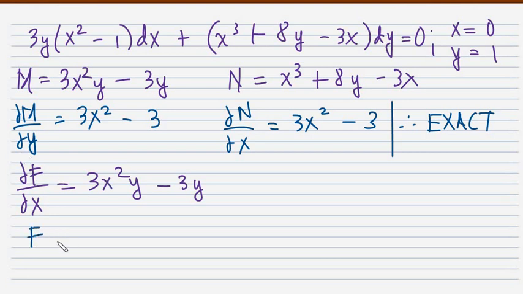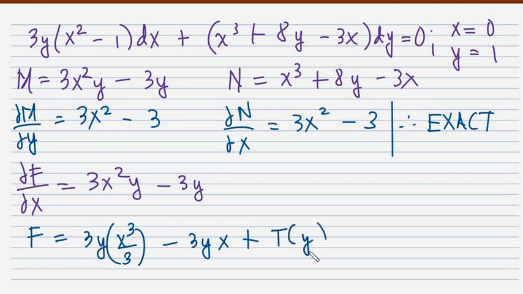So we know that f is equal to the integral of these 2 terms with x as our variable of integration. So we have 3y as constant. Integrate x squared differential x, so that would be x cubed over 3, minus 3y is constant, integral of differential x is equal to x. So we simply have to add t of y.